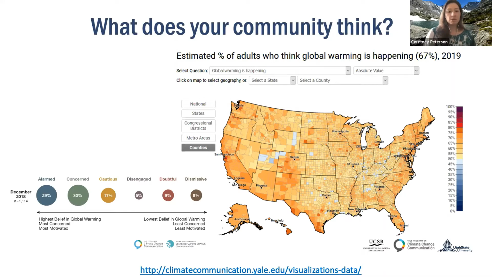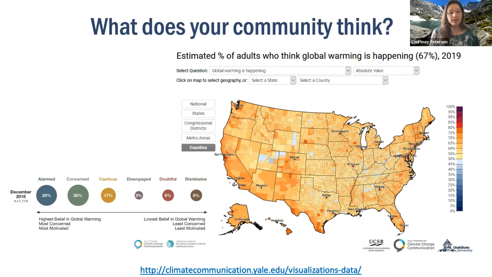And so you might have heard about the Six Americas study from Yale, and that's where these results are coming from. And so you'll see that most of the population is in that alarmed or concerned category, where they really think that there's the highest belief in global warming. They're the most concerned, and they're also the most motivated to take action.